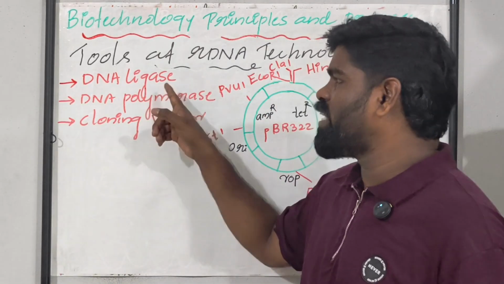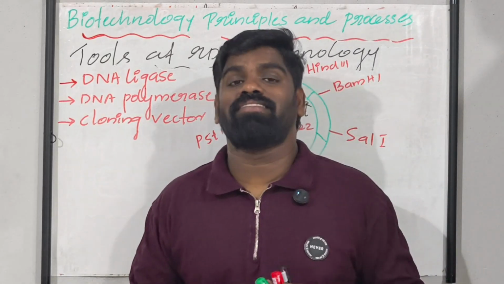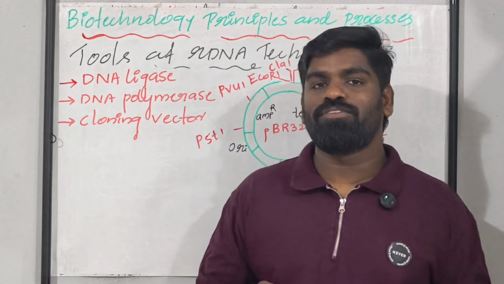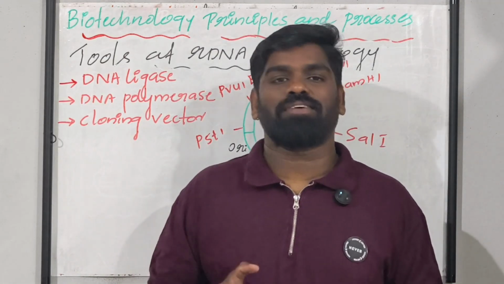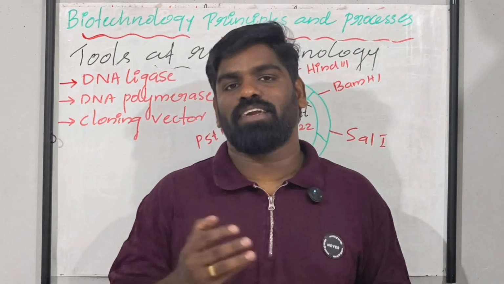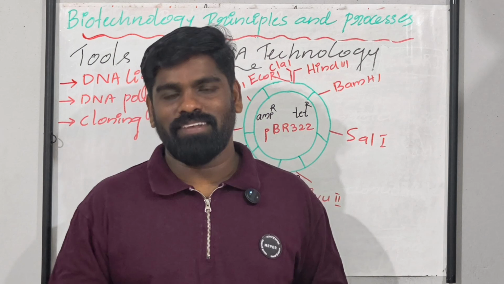So that you have to keep in your mind. That's all about DNA ligases. And next, the DNA polymerase enzyme. DNA polymerase enzyme is used for making new strands of DNA.